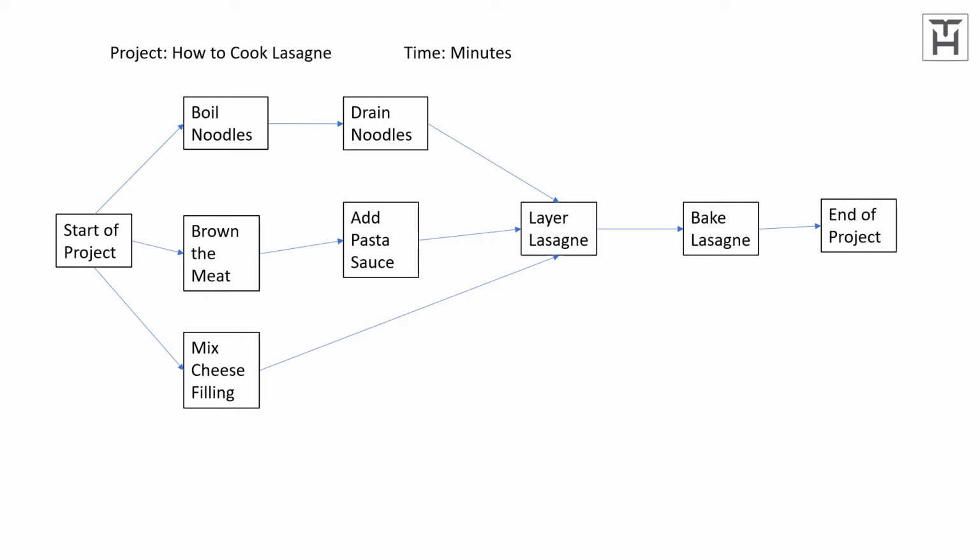So as well as the dependent tasks, you also have the independent tasks or concurrent tasks. So mixing the cheese filling, for example, you can do that while you're boiling and draining the noodles, and you won't waste any time waiting for the noodles to cook, so you can continue with the project and save time that way.